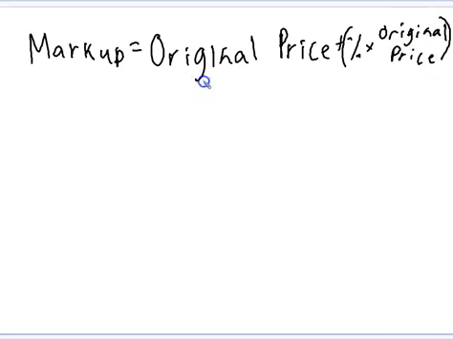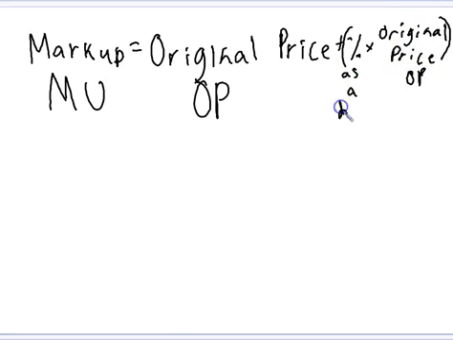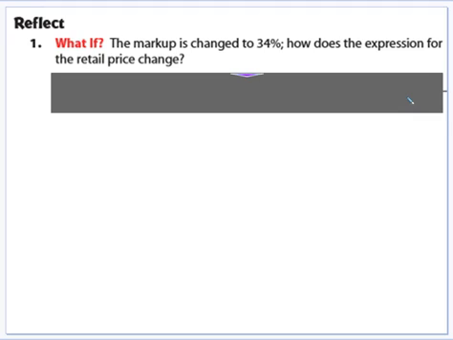All right. OP, if you want to make it short. MU, if you want to make it short. All right. OP over here also. Percent as a decimal. You have to convert it to a decimal.